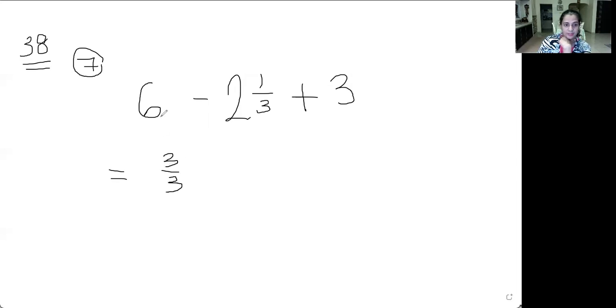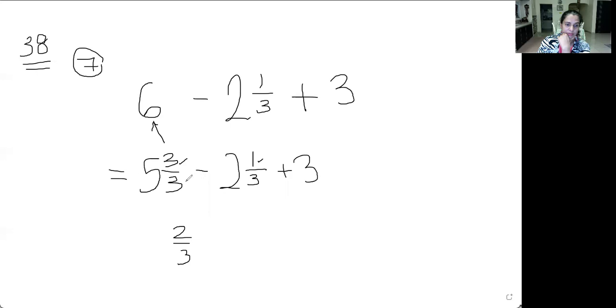3 over 3, but it has to come from the 6 here. If this 3 over 3 is 1, then you'll have another 5 as the remaining, and that's what makes 6. So minus 2, 1 over 3 plus 3. Rewrite, keep your sentence. Over here 3 over 3 minus 1 over 3 is 2 over 3.